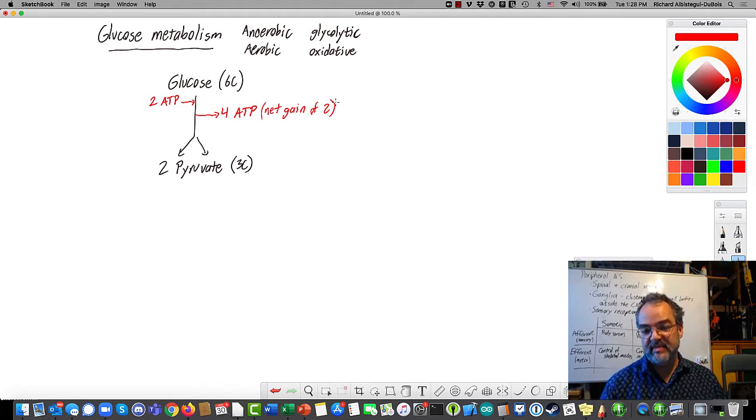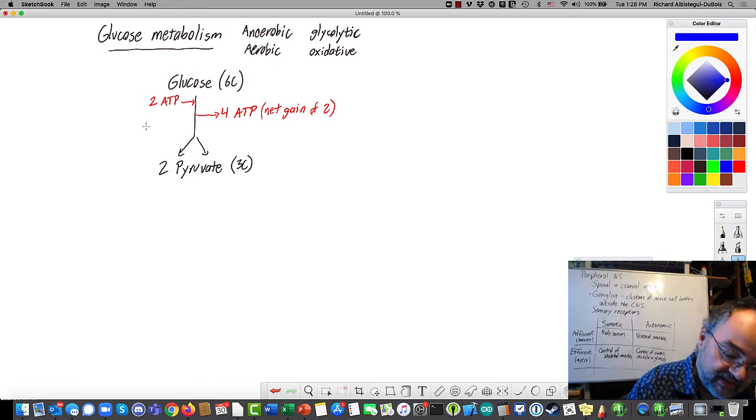In many cases, people will skip the whole 2 goes in, 4 goes out, and just talk about it produces 2 overall. The other thing that happens here is that 2 molecules of NAD plus are used, and we end up making 2 molecules of NADH.